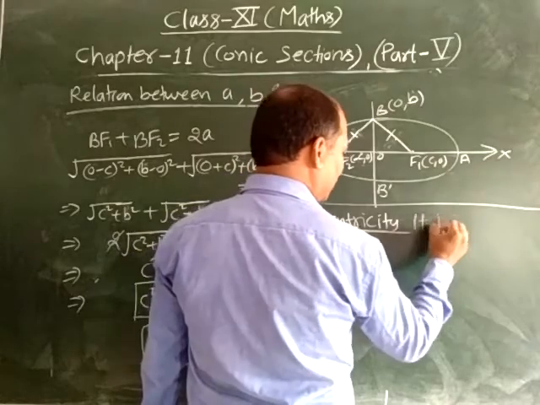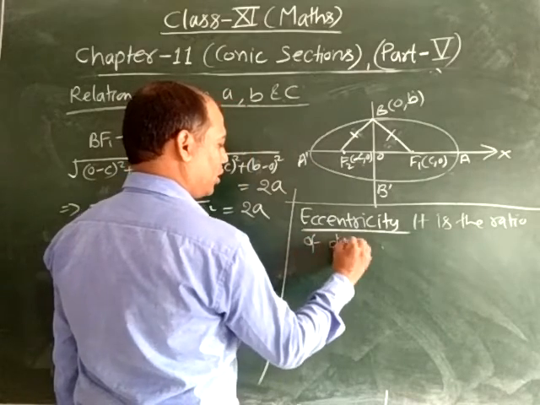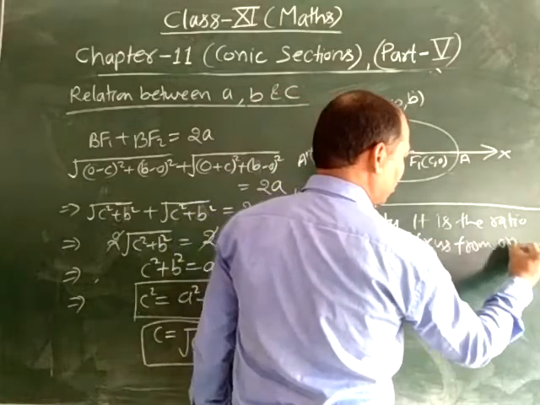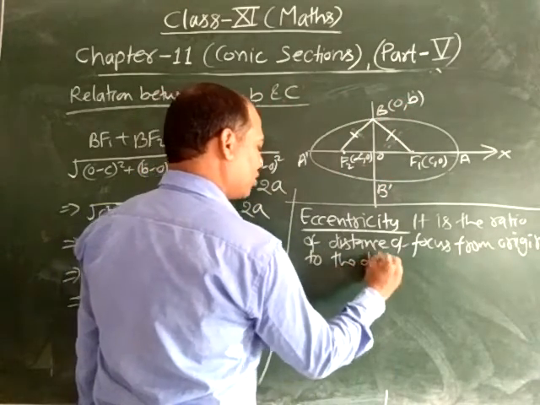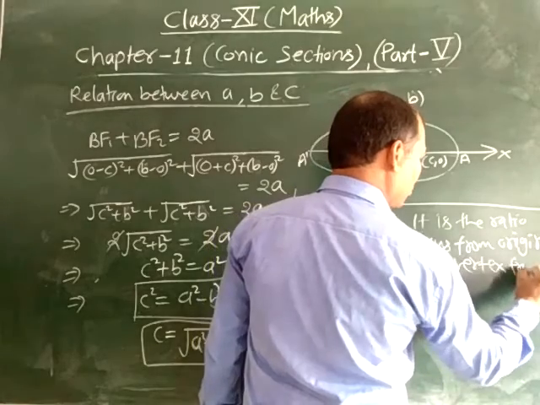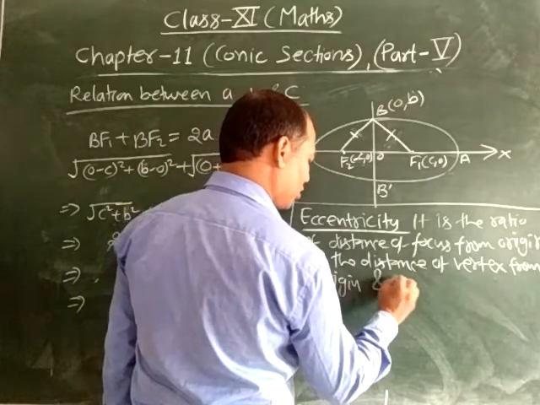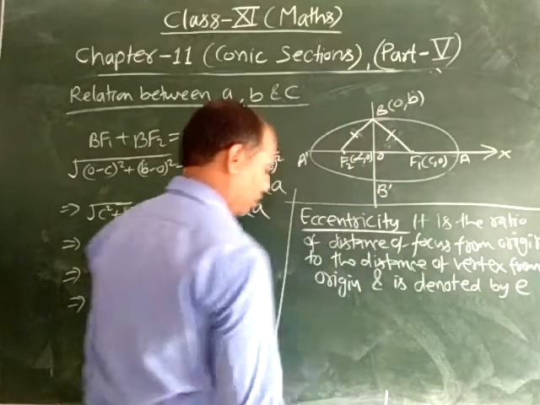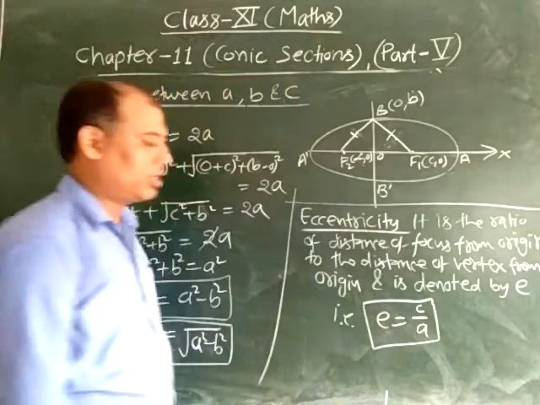Eccentricity is the ratio of the distance of the focus from the origin to the distance of the vertex from the origin, and it is denoted by E. That is, E is equal to C by A. This value is known as the eccentricity.